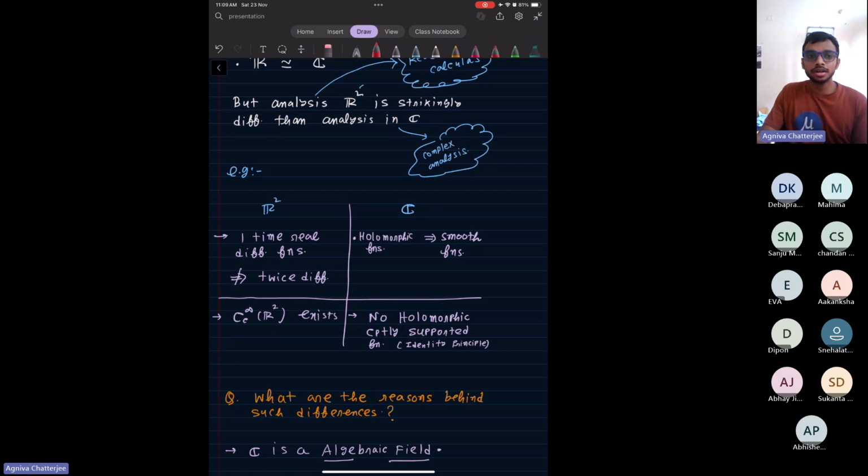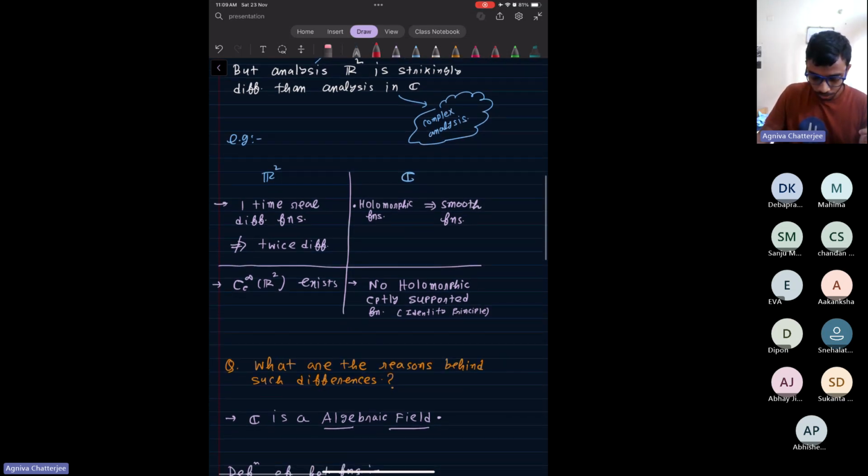R2 does not have a field structure unless you give it the field structure of C. That's the main difference. And this algebraic closedness means that every polynomial in the complex plane can be factorized, right?